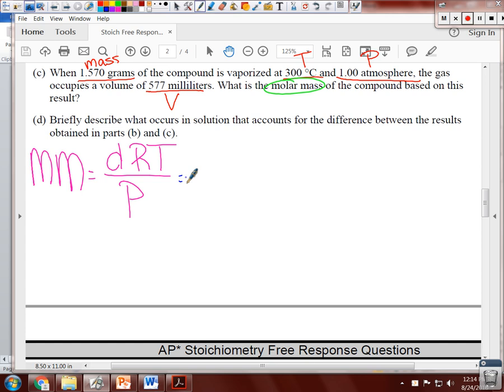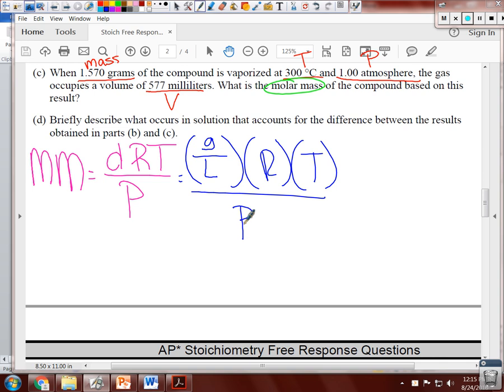Yes, because density, by definition, is mass over volume, times R times T all over P. Or the other way to write it is just grams RT over VP.